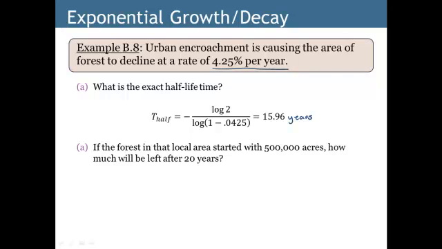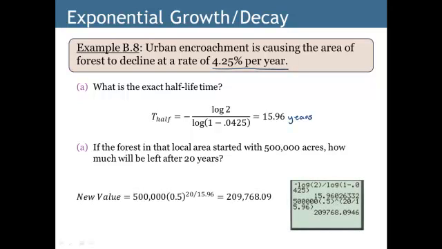All right. If the forest in that local area started with 500,000 acres, how much will be left in 20 years? Well, that again is just this exponential growth idea. You have a new value, or your Q, is your initial amount times 0.5. Where'd 0.5 come from? Well, 1 minus, it's halving. Halving is cutting by 50%.